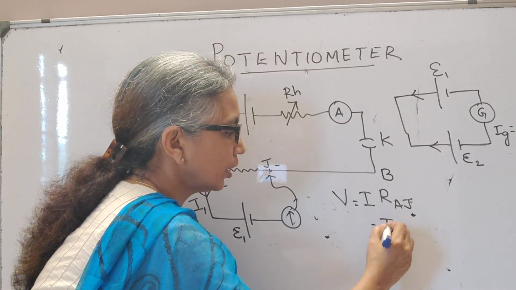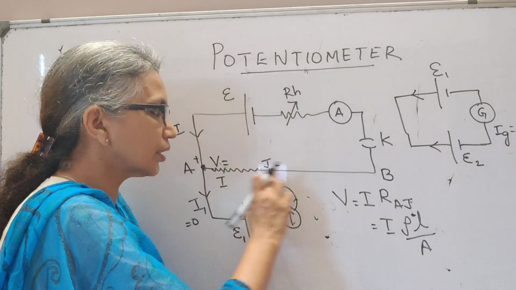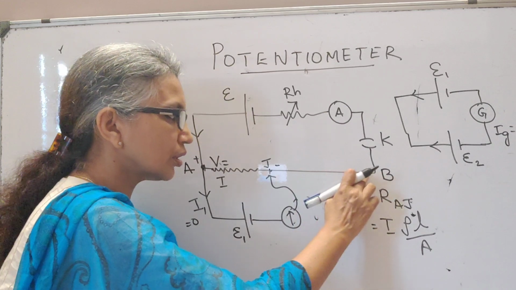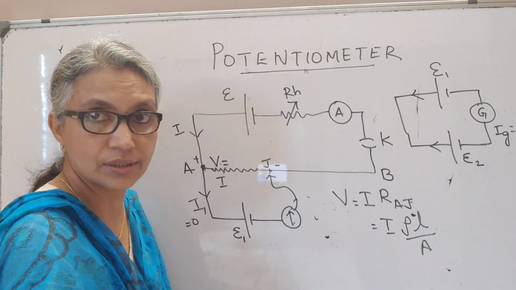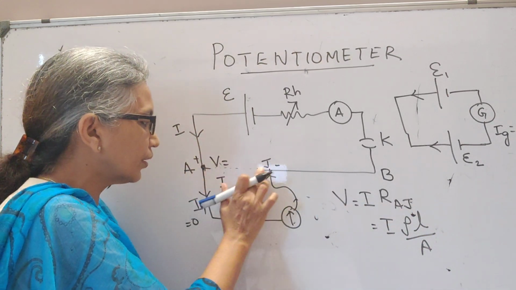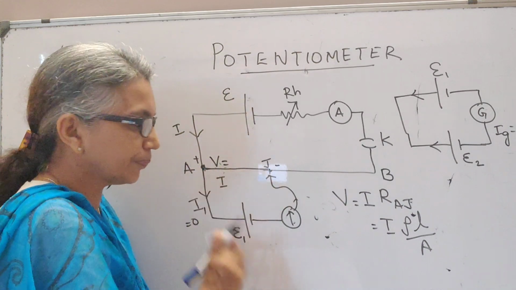So this is equal to I into rho L by A, where rho is the resistivity of that wire, which is a constant. A is the area of cross section of the potentiometer wire, again a constant, and L is this much length of wire that I marked here, because that much resistance.